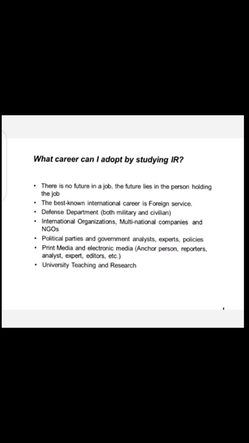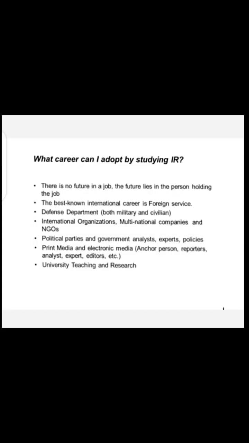You can be associated with political parties and governmental analysis experts. You can be a print media or electronic media anchorperson. So there are multiple careers available if you adopt IR as an optional subject. Basically, there is no future in a job, but the future lies with the person who holds the job.